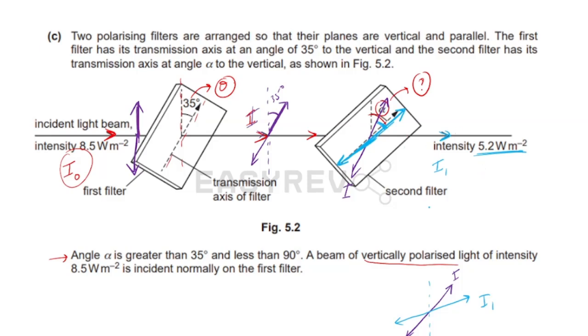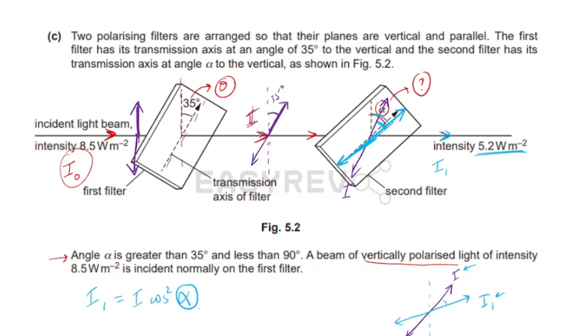Now, I might be inclined to use just the formula directly, that the outgoing intensity is equal to the incoming intensity times a factor of cos square alpha. But we can't really do that here because the angle that you put in here should be the angle between both the incident and the outgoing light rays. It's not really going to be alpha in this case.